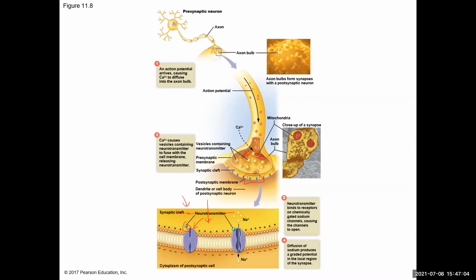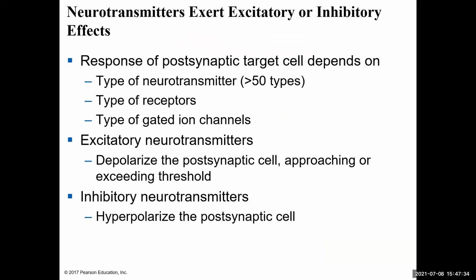When the neurotransmitter binds to that protein, it opens that protein and allows sodium to come through, causing a graded potential in that target cell. And then depending on the cell, a specific response will happen. If it's another neuron, then that action potential will carry on. If it's a muscle, a contraction may be initiated, et cetera, okay? And so again, the response depends on the target cell.